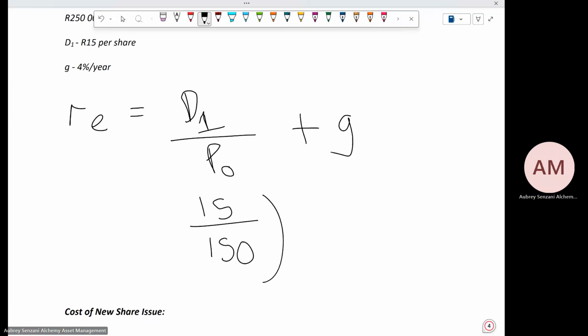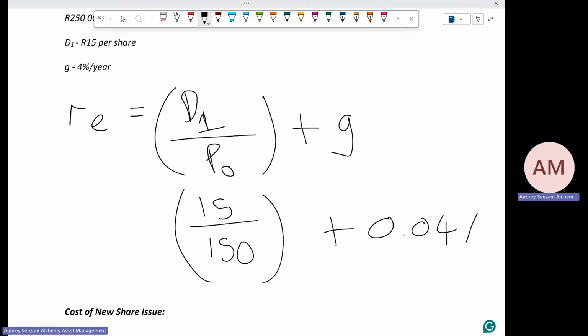Then plus 0.04. So what is the return that we are getting? This should give you 14%. Everybody happy? So we've got our first one there.